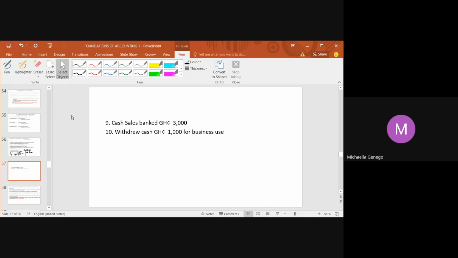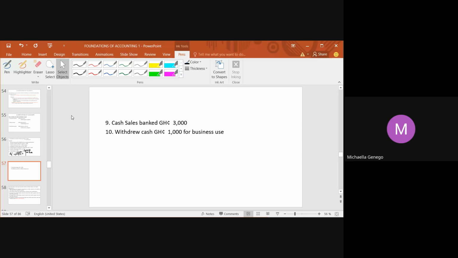So once we classify drawings account as a special account of owner's equity, it's the owner who has that account. The owner is the one able to withdraw. You remember that when we were talking about the concepts and conventions last week, we made mention of the business entity concept.